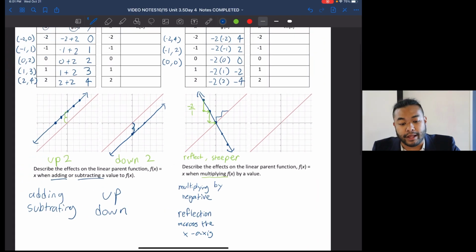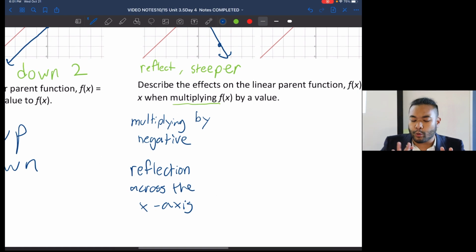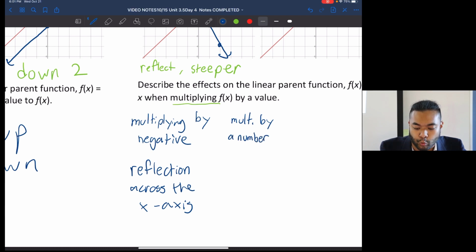Whereas multiplying it by the value 2, well, 2 is greater than 1. If I ignore the negative, multiplying it by a number greater than 1, so 2 is greater than 1, it gets steeper.